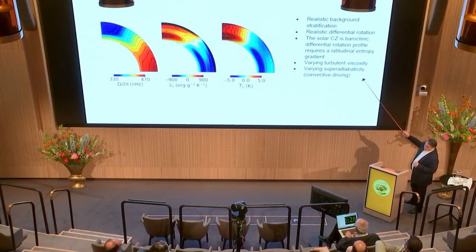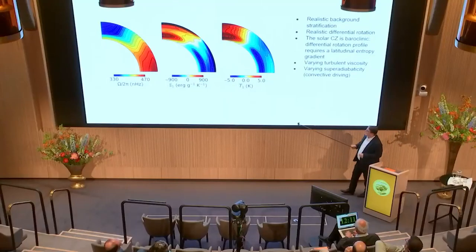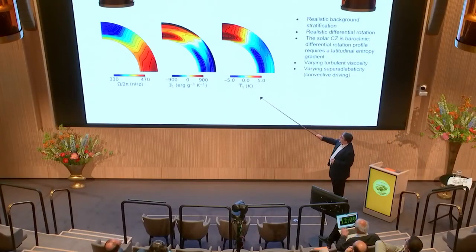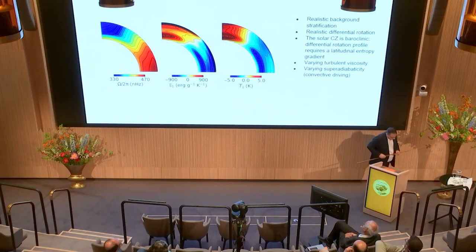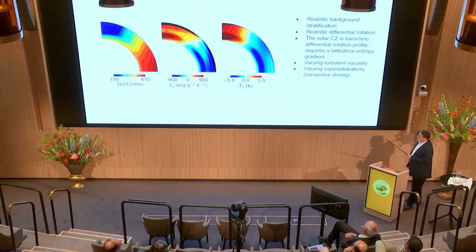And one thing that Yuto was able to find out is that it's very important to also include a latitudinal entropy gradient in the model. The sun has to have a latitudinal entropy gradient that is required to explain this differential rotation profile, which is not constant on cylinders.